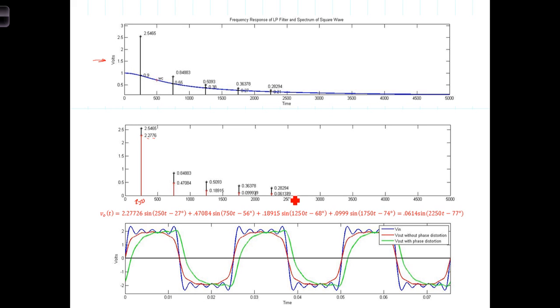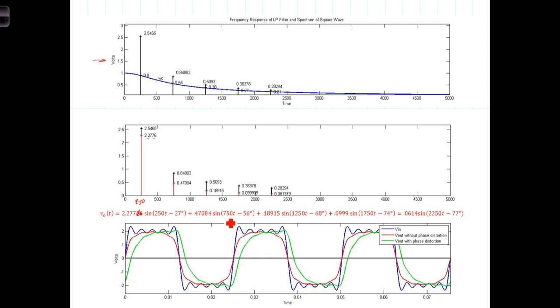So at the output, the amplitude of the 250 radian per second term is 2.2776. I typed that in wrong, it should be 2.2776.